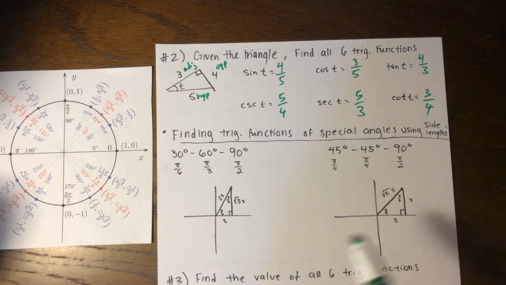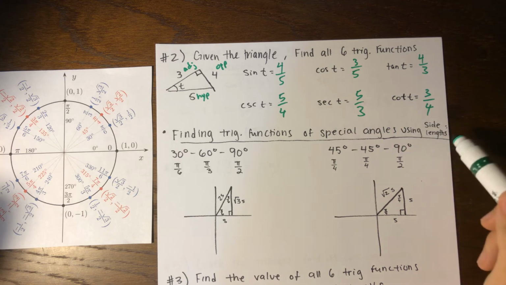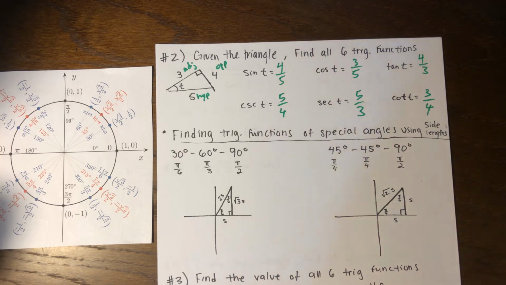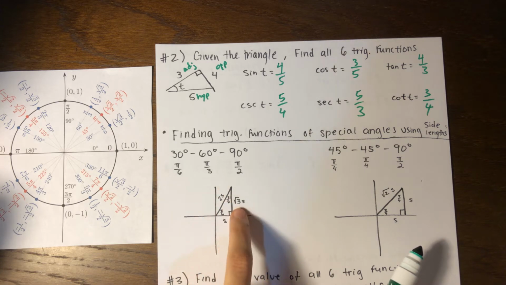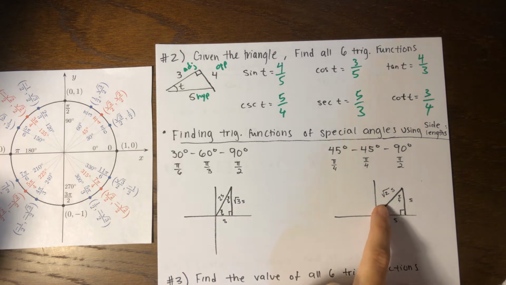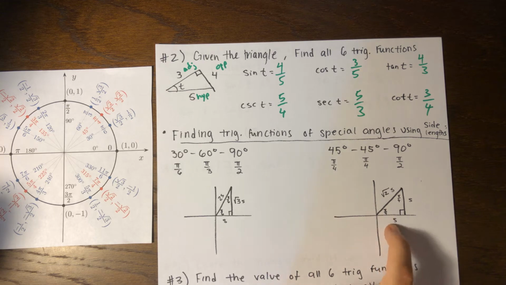When we're using the special angles, their side lengths are going to be s, 2s, and then the square root of 3 times s. Over here we have the square root of 2 times s, with s and s.